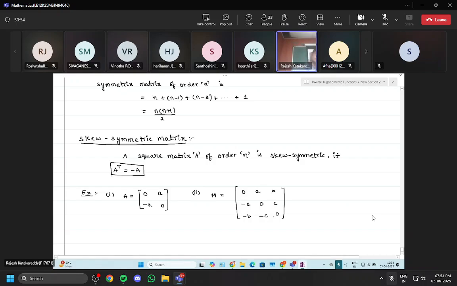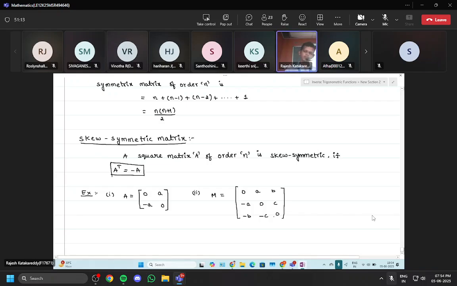In general, example number 1 is how your skew symmetric matrix of order 2 looks. And then example number 2 is in general how the skew symmetric matrix of order 3 looks like. Clear?